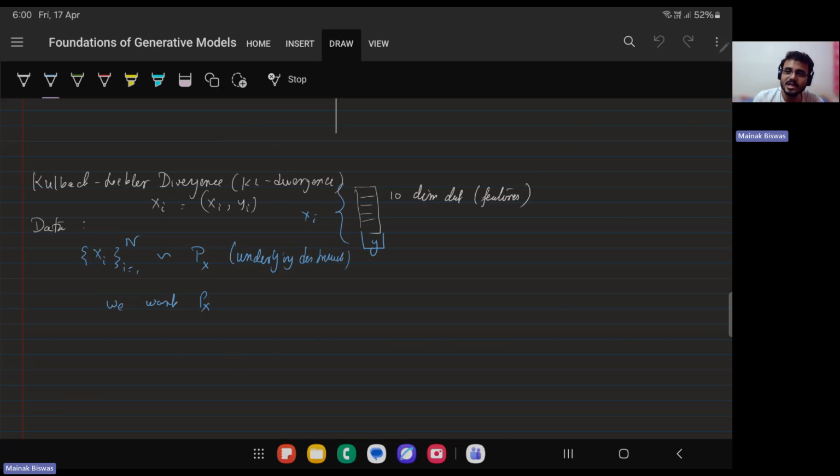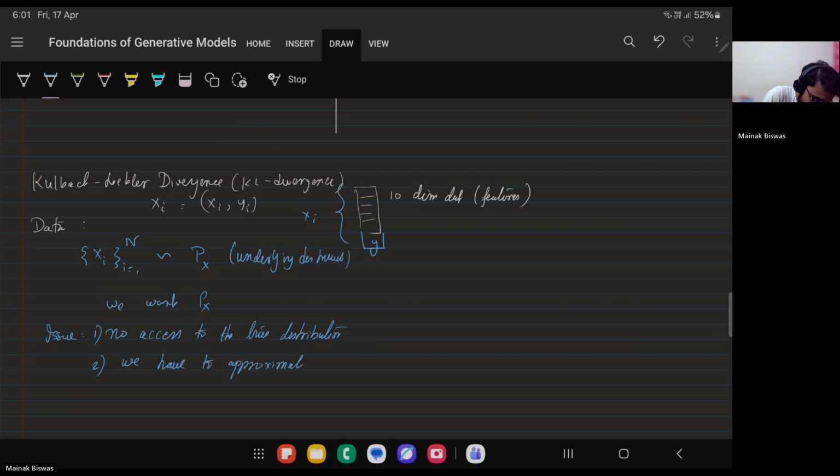But the problem is I have no access to the true distribution, so we have to approximate it from the data.